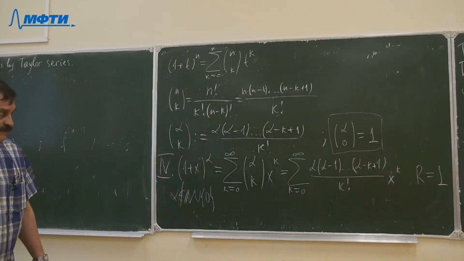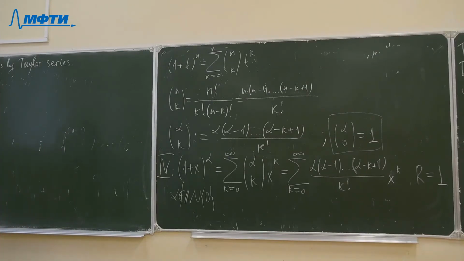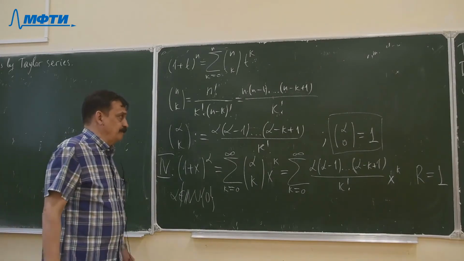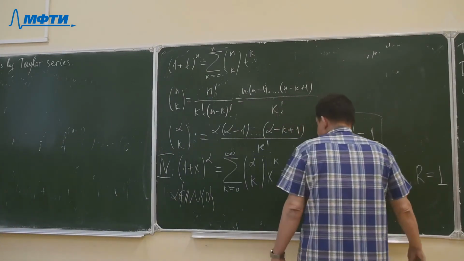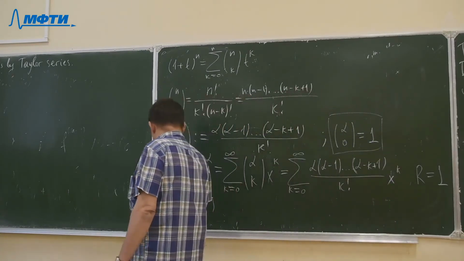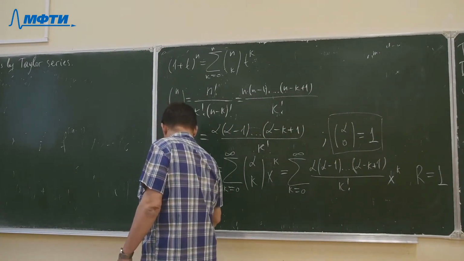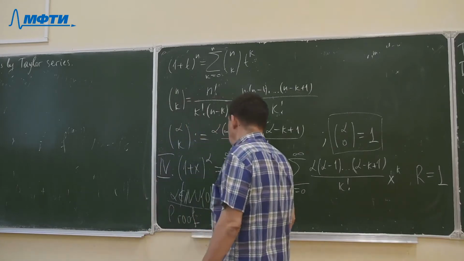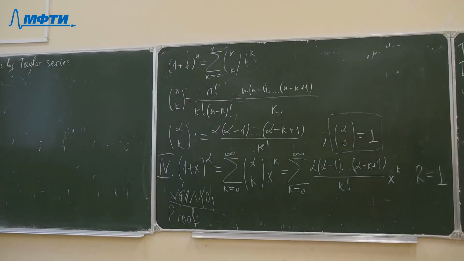The generalized binomial coefficient alpha choose 0 is equal to 1. Okay, so now the proof for this formula when alpha is not natural or 0.